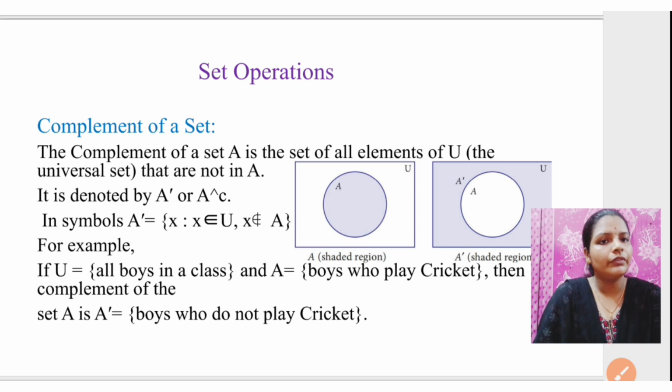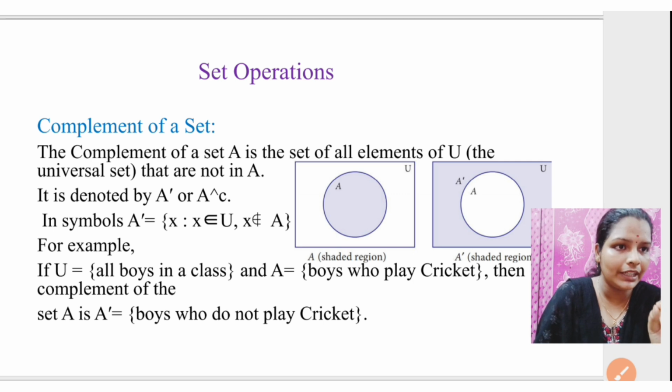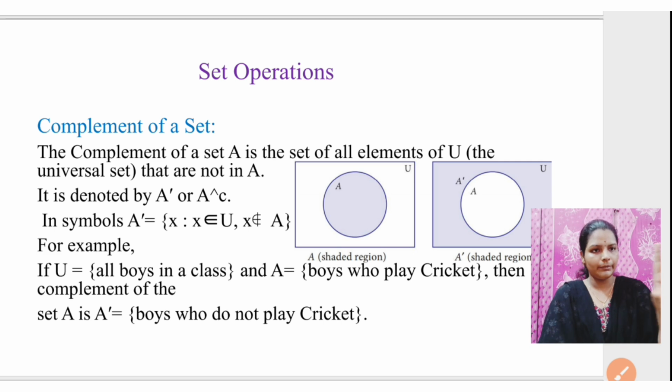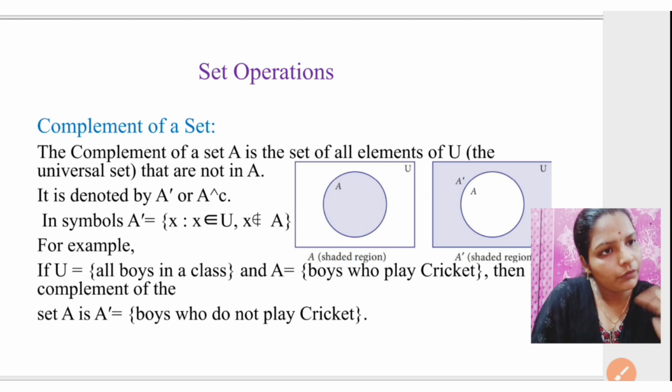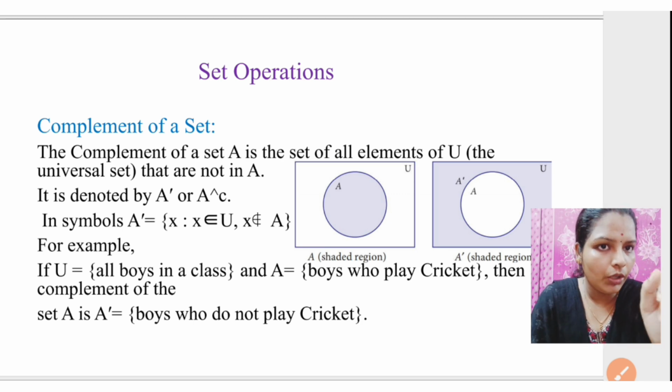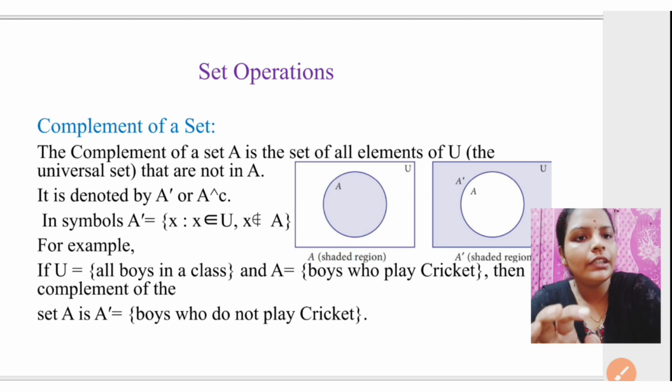The complement of a set A is the set of all elements in U, the universal set, that are not in A. So we remove the elements of A and write the remaining elements of U. It is denoted as A complement, written as A with a slight dash, or A power C.